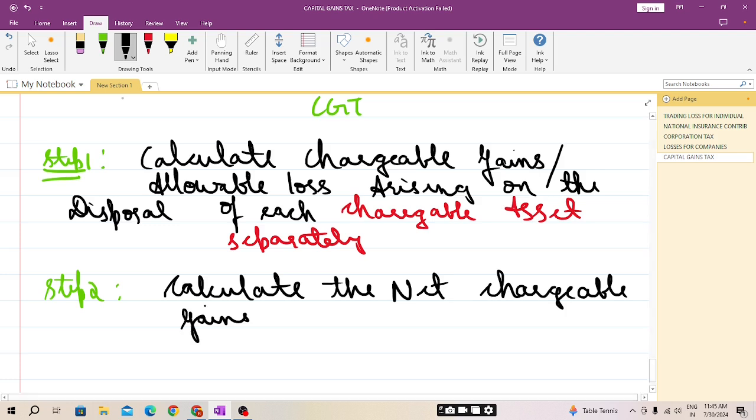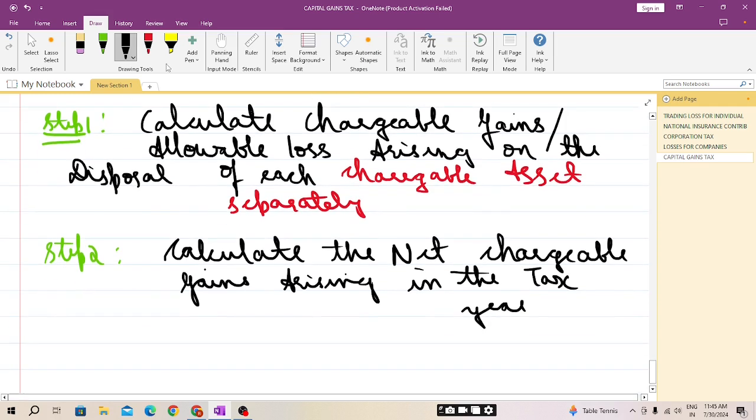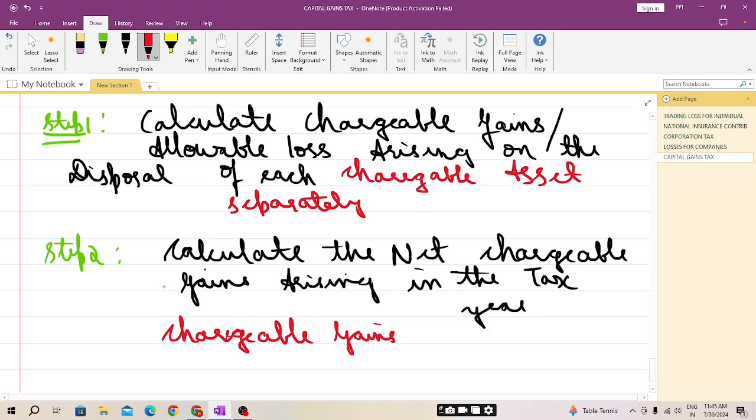Calculate the net gains arising in the tax year. I hope this is clear, students. Then this will be chargeable gains less allowable loss.